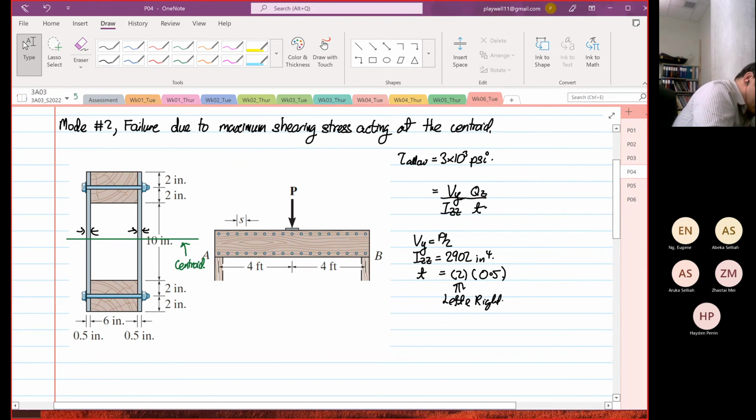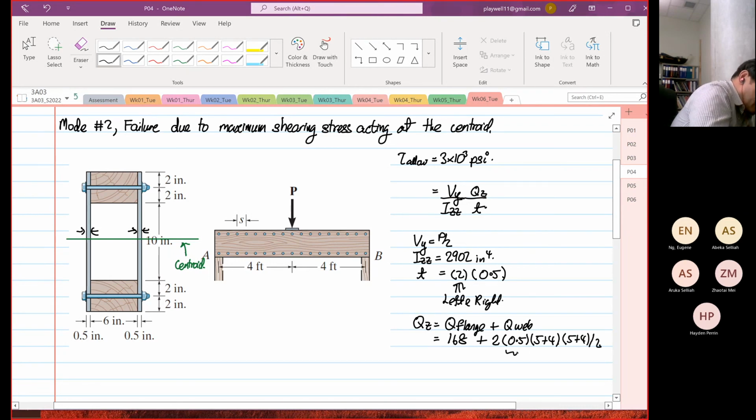Okay. So the only thing now we have to determine is Qz. Qz is equal to the Q of the flange plus the Q of the web. The flange we calculated is 168, plus the web, which will be twice because of left and right. Then the width will be 0.5, the depth will be 5 plus 4, which is equal to 9, and the y bar will be 9 divided by 2.